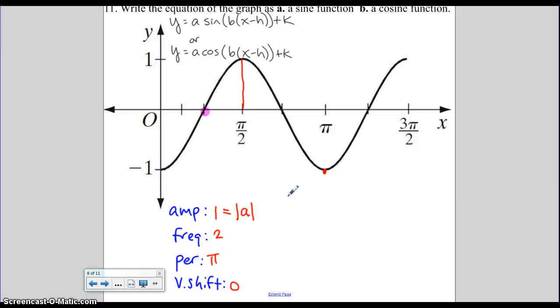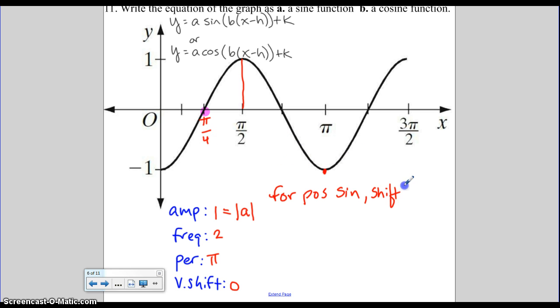Okay, so if I'm using a sine graph, I'll say for positive sine, shift. Well, I got to figure out where that is. It looks like it's halfway between pi over 2 and 0, so I'm going to call that pi over 4.